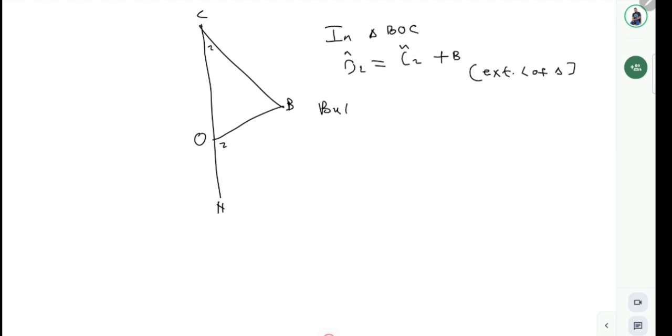But this angle, which is C2, is equal to B because we notice that this OB is equal to OC, they are equal radii. So if these two sides look the same, as a result, this C2 would be equal to B.